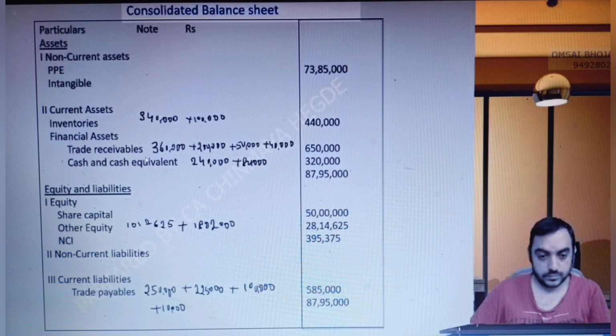So in total you get 5,85,000 trade payables. NCI is anyway calculated. And the balance sheet total is 87,95,000.